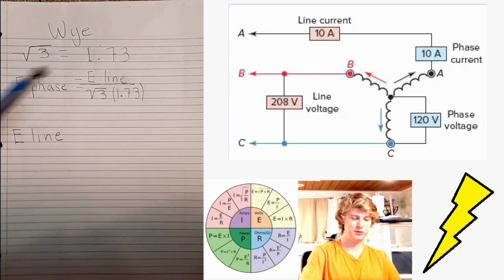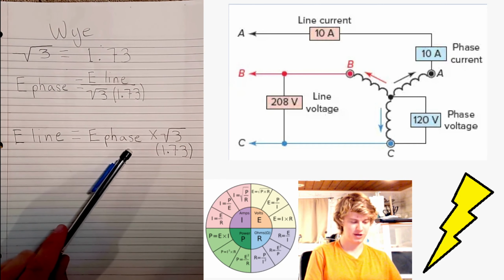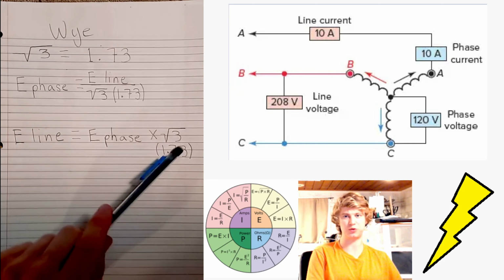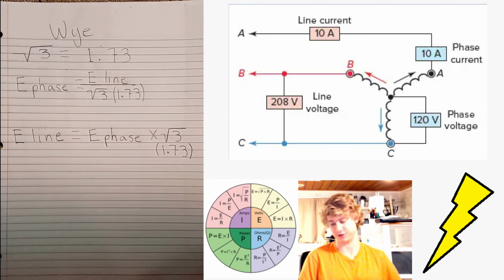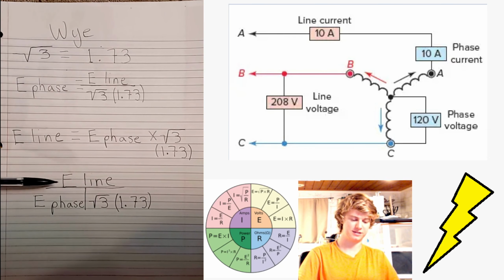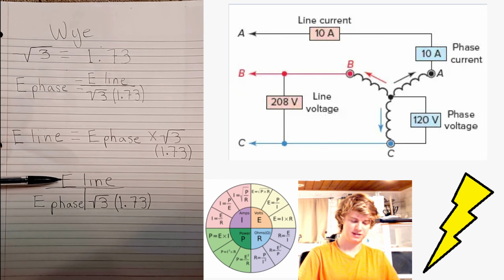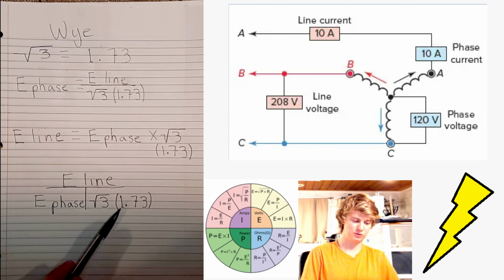So that would also mean that line voltage is equal to phase voltage multiplied by the square root of 3, which is 1.73, the number that we're using. Now here's a simple trick. When you have two different numbers that multiply or divide to get another number, you could set it up like a T. This just helps to visually understand this. So how we're going to read this is the line voltage is equal to phase voltage multiplied by the square root of 3, which is 1.73.